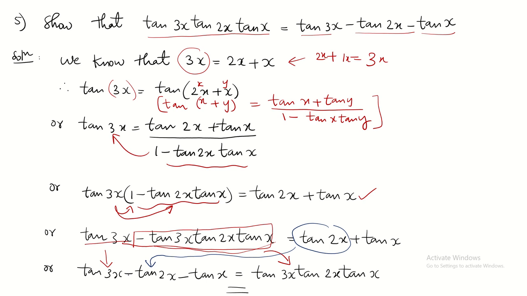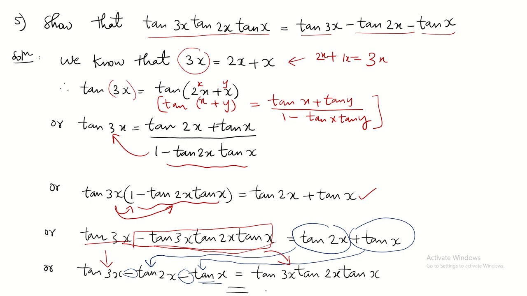Minus tan 2x. Again this plus tan x, when it comes to the left side, what does it become? Minus tan x. So you got tan 3x minus tan 2x minus tan x is equal to tan 3x tan 2x tan x.